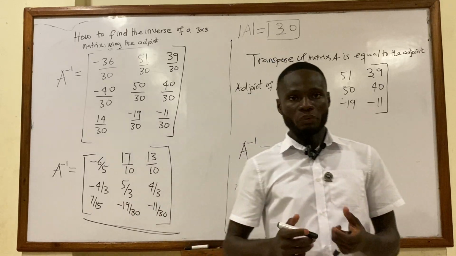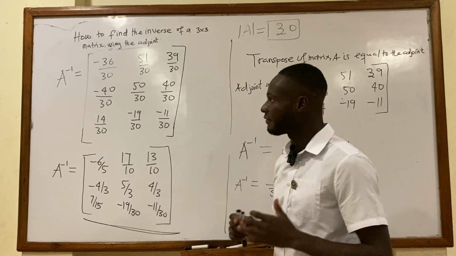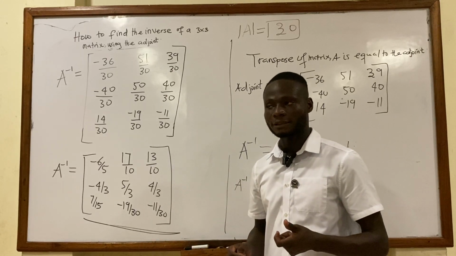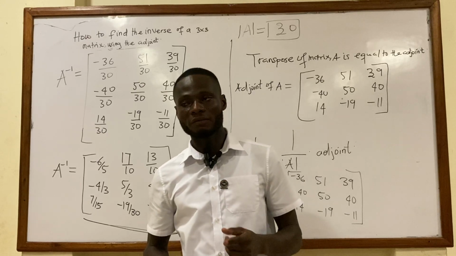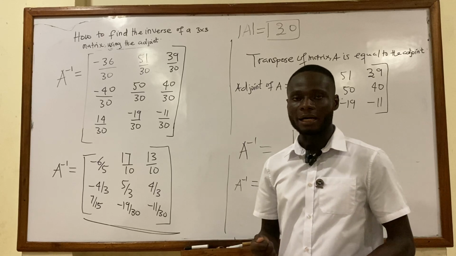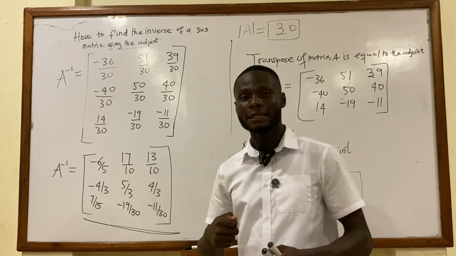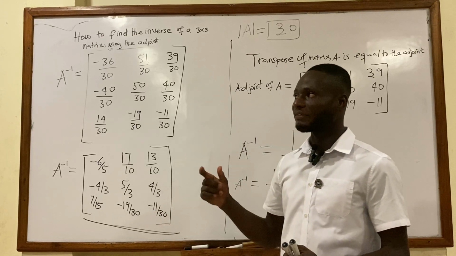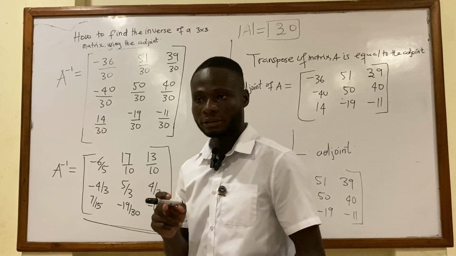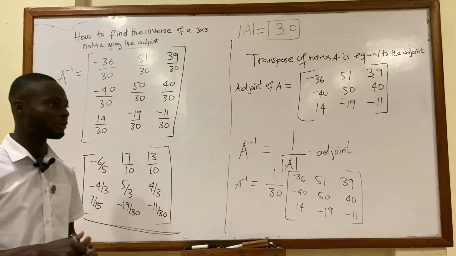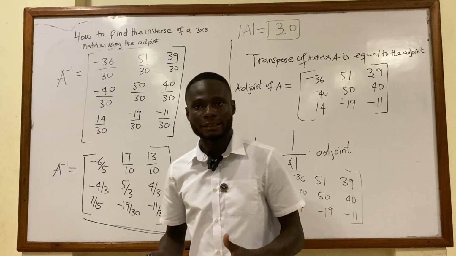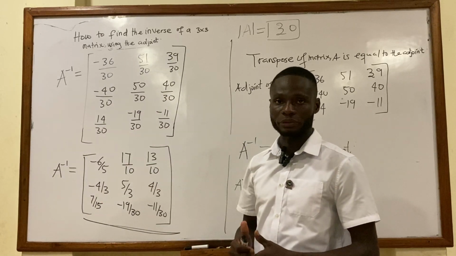I hope you observe the process, right? If you are given a 3 by 3 matrix and you have to find the inverse of it using the adjoint, first you find the determinant of that particular matrix, right? Then you form a cofactor of that matrix, say matrix A, right? You use the operations of the 3 by 3 matrix, and then you use it to distribute to all the 9 elements in that matrix, right?